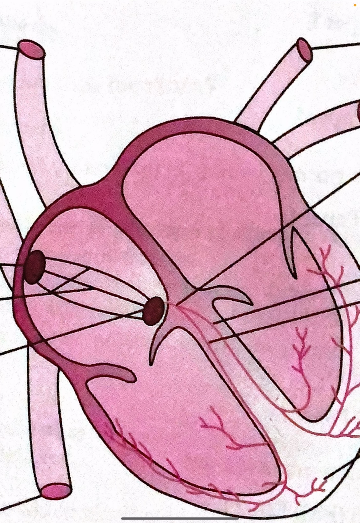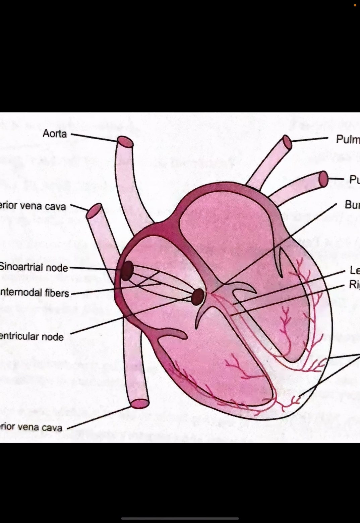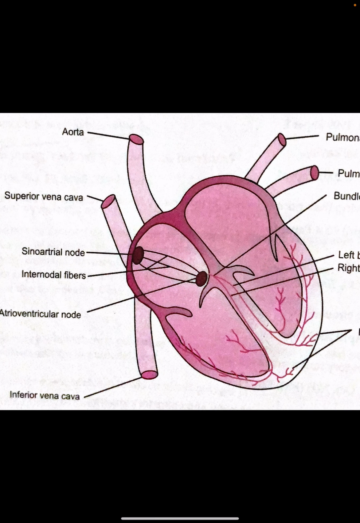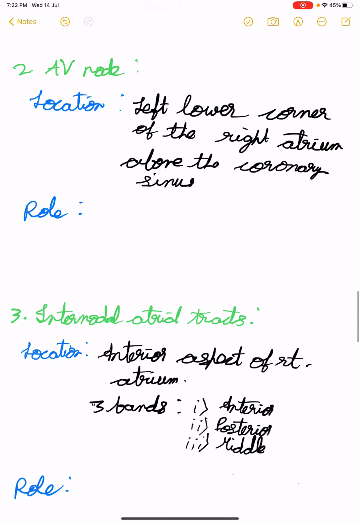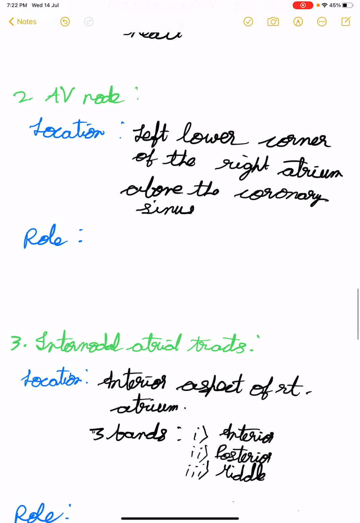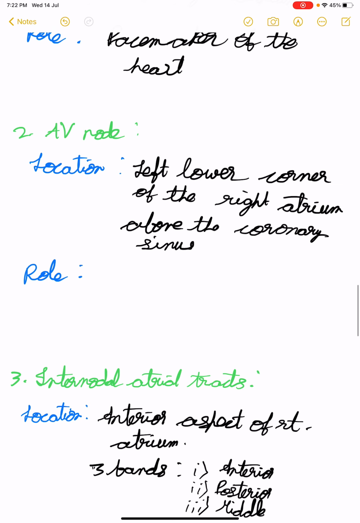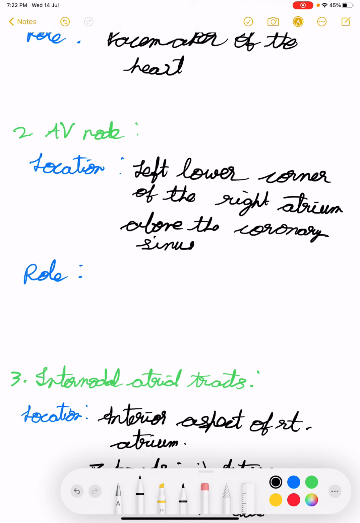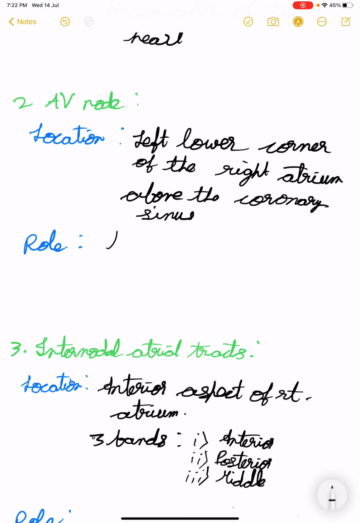It is located on the coronary sinus, on the right side of the interatrial septum and on the left corner of your right atrium. That is what I wanted to show, the location. Then, what is the role of the AV node? It helps in transmission of impulse. Transmission of impulse from where? Which is generated from your action potential area. What is that? It is the SA node.